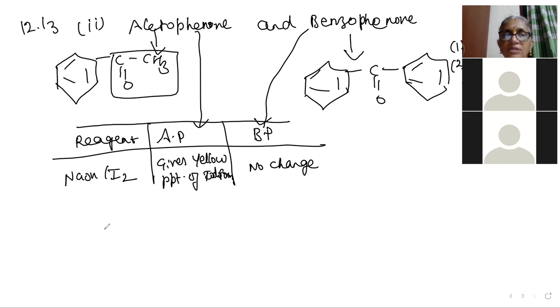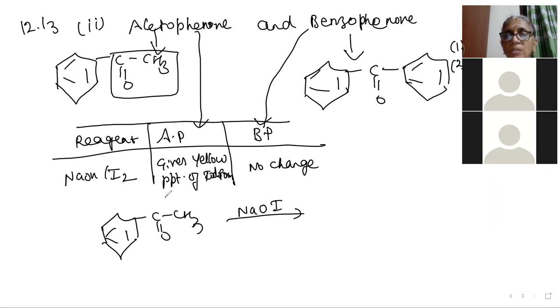And what is the equation for this? Benzene ring, COCH3. You just write NaOI or NaOH and I2. Break this here. How to easily understand the product?